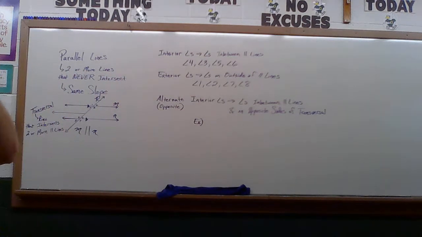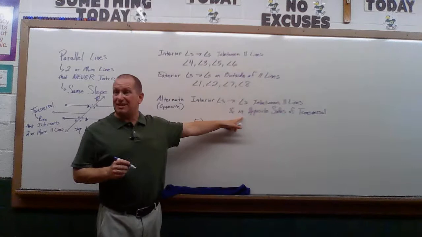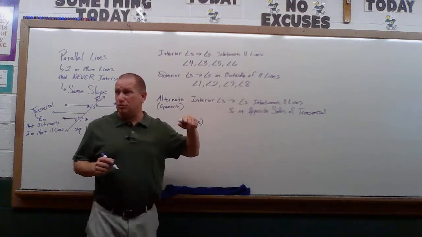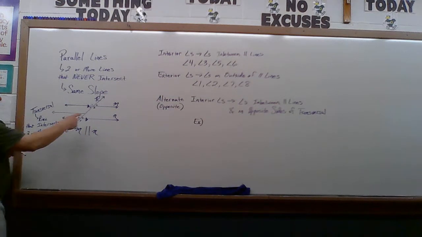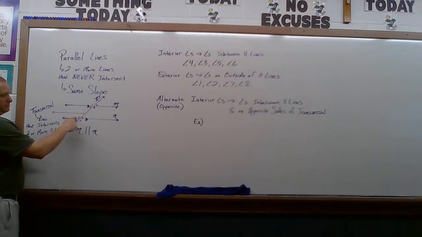There's going to be a set of angles, and a set of angles means there are two of them. So what two angles would be on opposite sides of the transversal from each other and in between the parallel lines? 3 and what's on the opposite side of this transversal? 5.